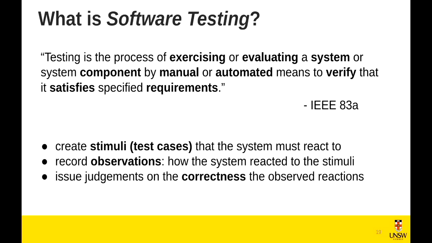And the third one is we should issue judgments on the correctness of the observed reactions. So the keywords are: we generate something to run the system, we observe the behavior of the system, and then we justify the correctness of what we have observed.